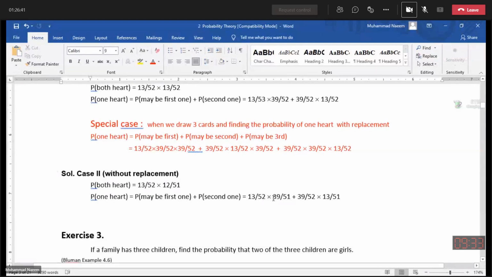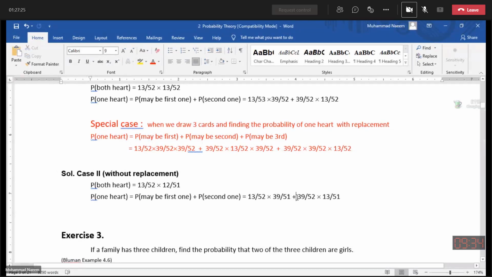Now the probability of the second one, which is from the other category: favorable cases are 39 divided by 51, because our first card was a heart, and after drawing we put it aside. Now the total is reduced by 1. Out of these 51, we are finding the probability of a card which is not a heart. So the probability for the second card is 39 by 51.